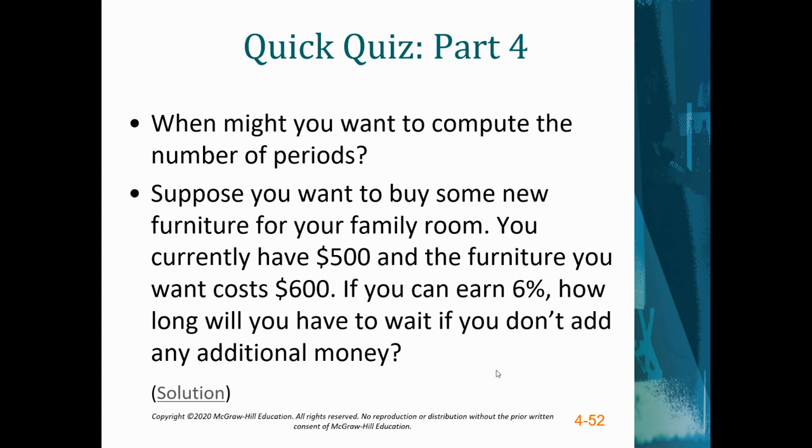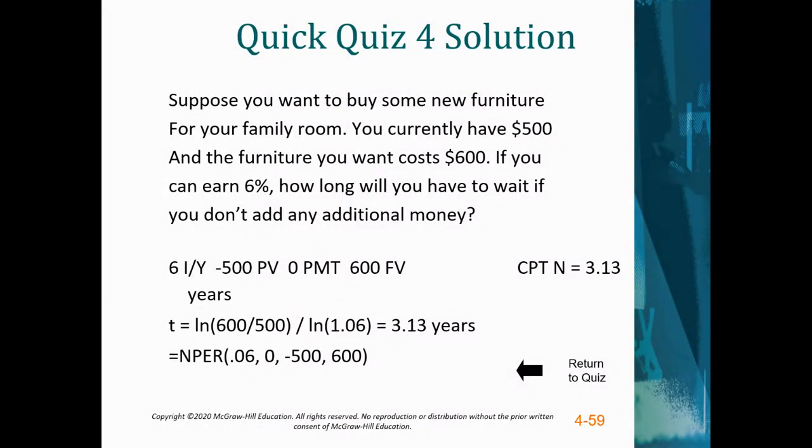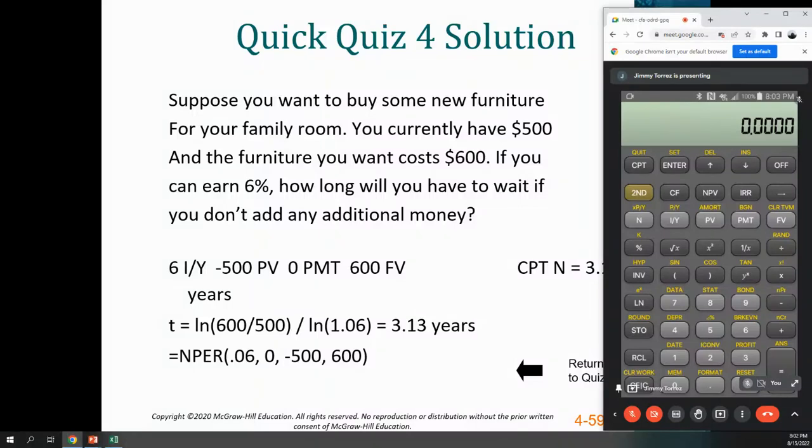Well, in this case, right, let's go ahead and do this with the calculator. So that's 6, I over Y is the interest rate. Enter. Present value is 500.